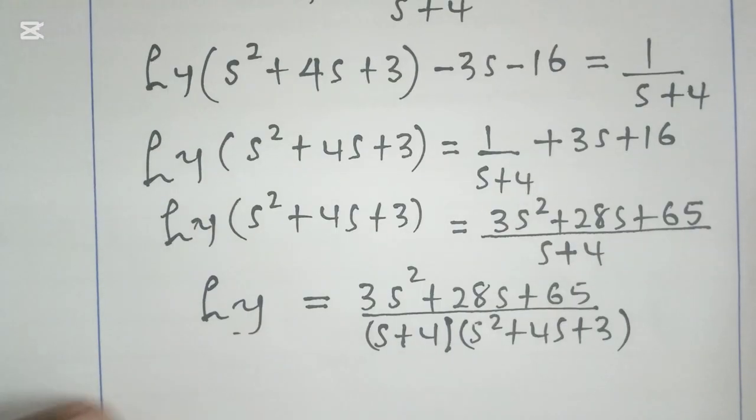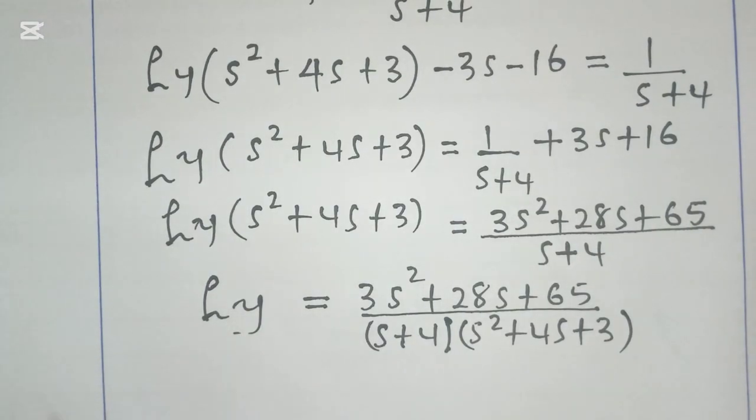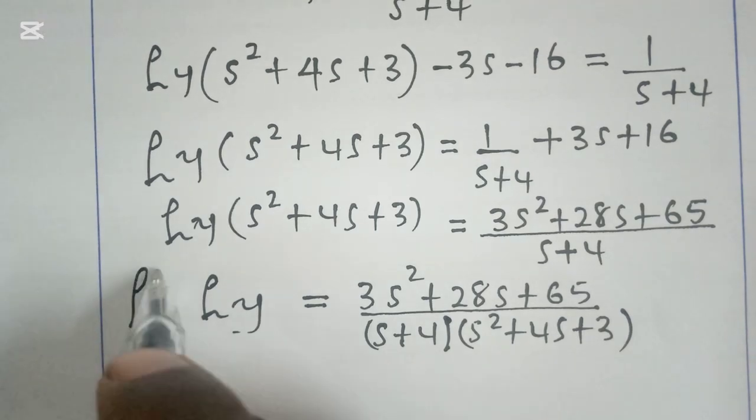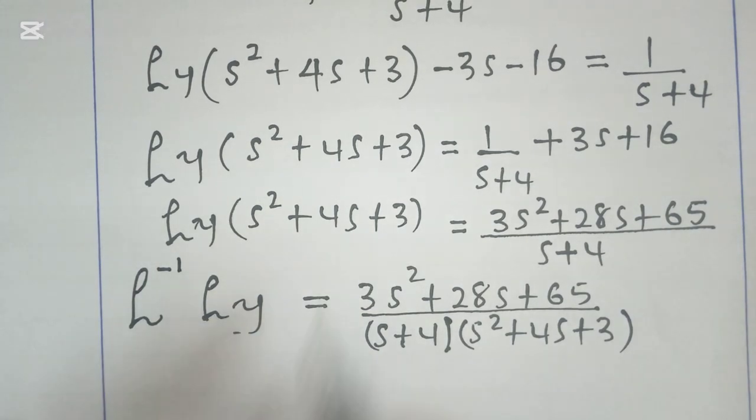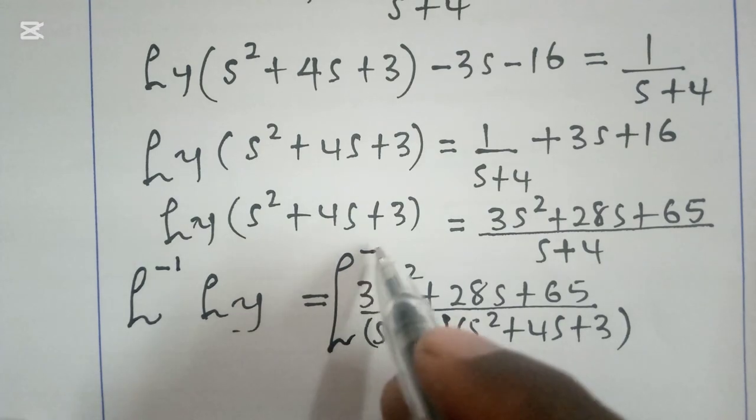So after finding that, for us to be left with y alone, we need to get the inverse Laplace transform there. And also here we get the inverse Laplace transform.